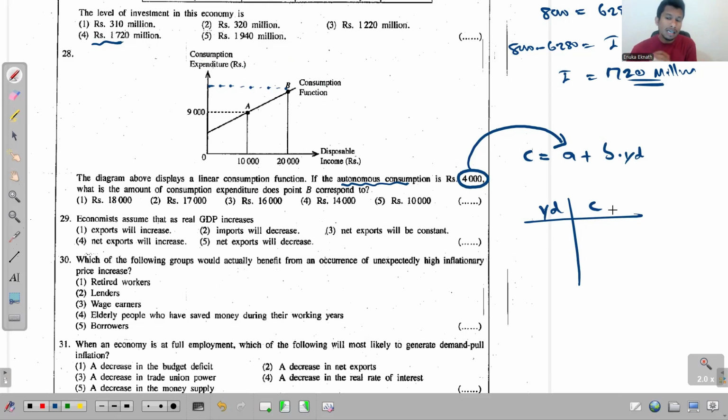On the other side, I write the consumption expenditure. So as I explained earlier, when the disposable income is 0, your consumption expenditure is 4,000, and that's the autonomous consumption. And according to the graph, you can understand when the disposable income increases to rupees 10,000, your consumption is 9,000. So let me write that 9,000 here.